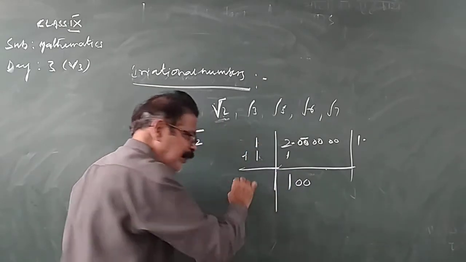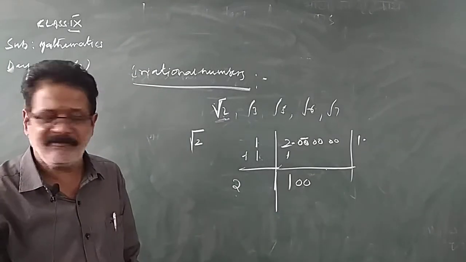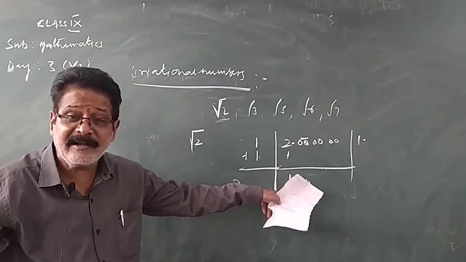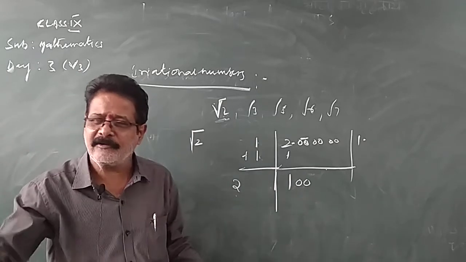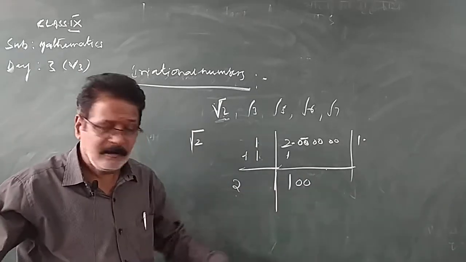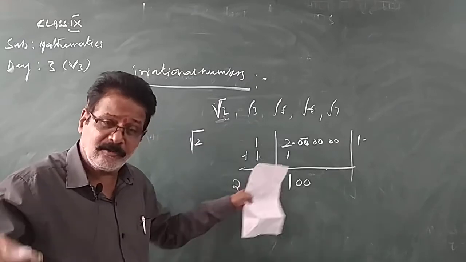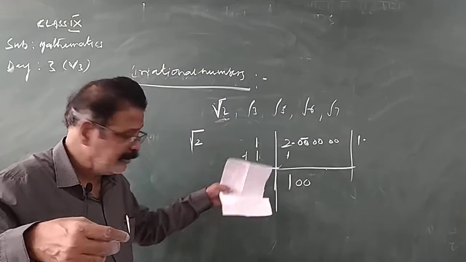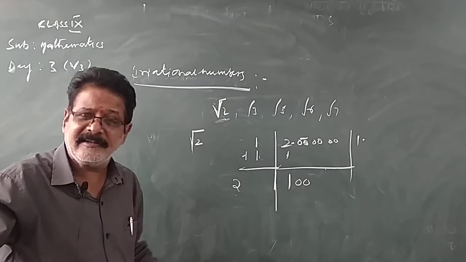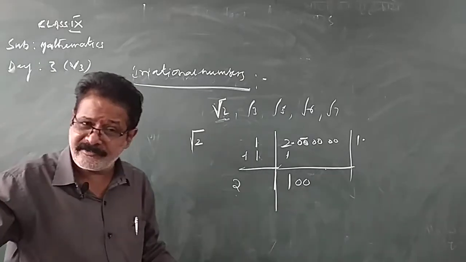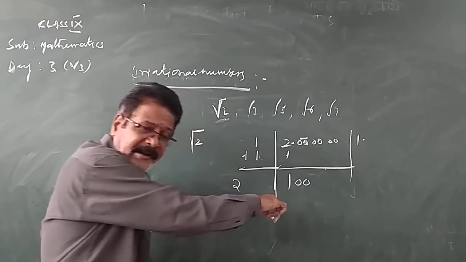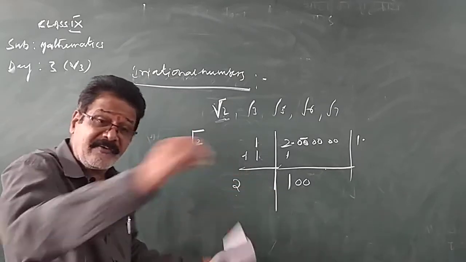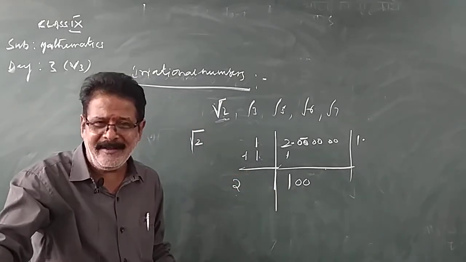Now decide what digit to write beside it so that multiplying by itself gives 100 or less. 21 times 1 is 21, 22 times 2 is 44, 23 times 3 is 69, 24 times 4 is 96, 25 times 5 is 125.